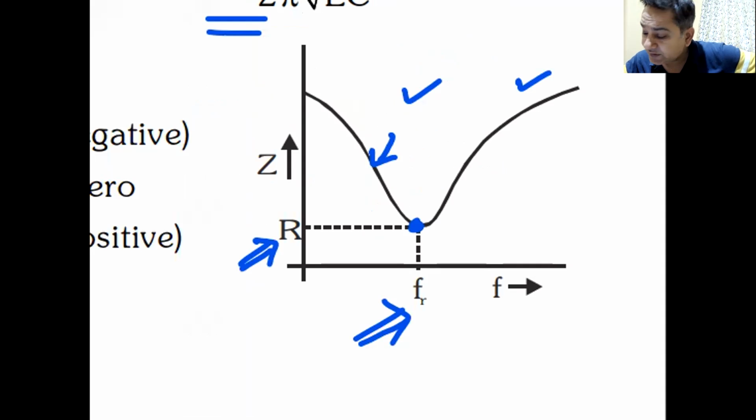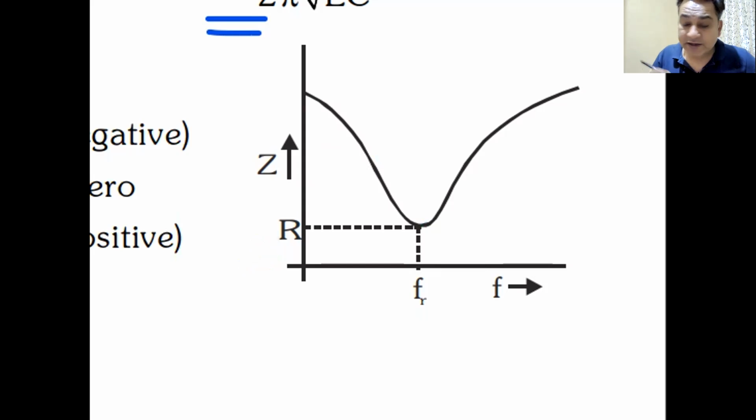Z first decreases. On this side of the graph, it behaves as RC circuit. Let me rub everything off so that I can show you. Now look at this point. The first point is the red point.